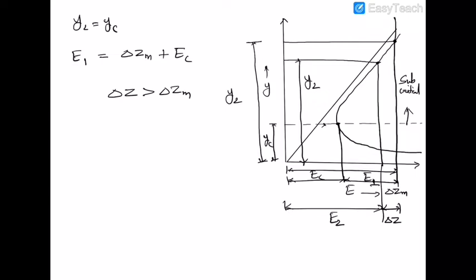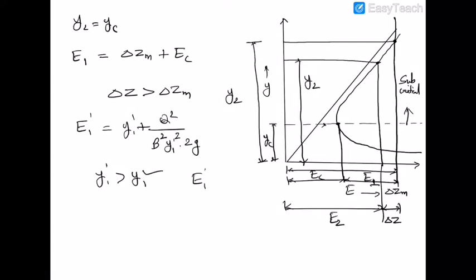So in this condition the specific energy at section 1 will be E1 dash, that is equal to Y1 dash plus Q square divided by B square Y1 dash square into 2g. Remember, Y1 dash is greater than Y1, the initial depth, and also E1 dash is greater than E1.